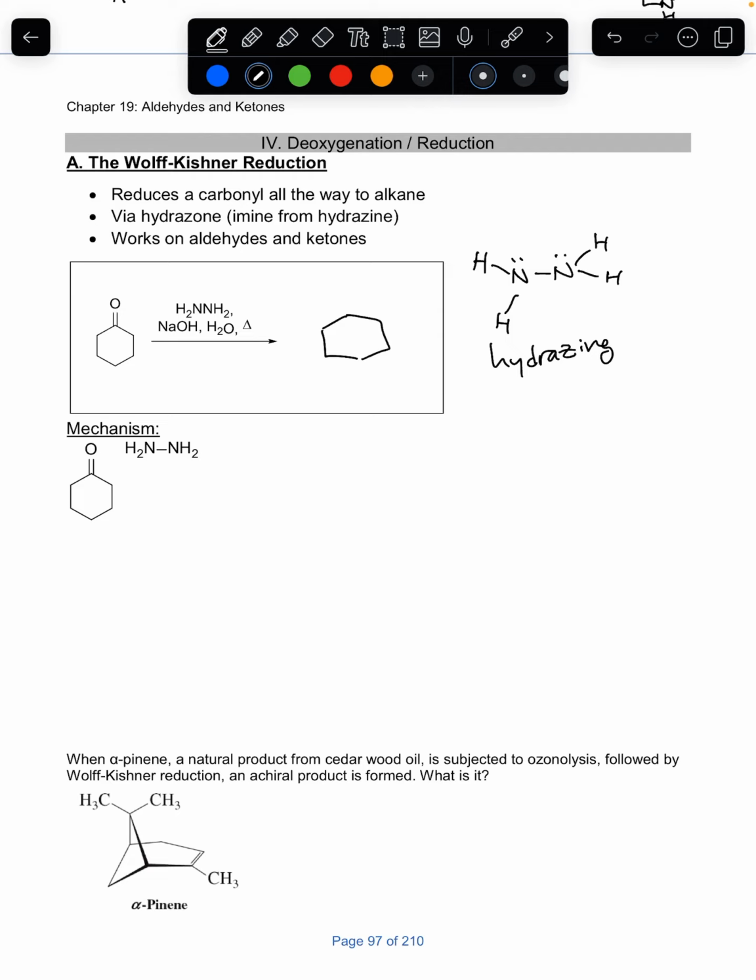And so the beginning part of this is exactly like the imine chemistry. And in fact, it's really not going to be different. But you notice I'm not showing any acid catalyst. Part of that is because hydrazine is a strong nucleophile, which could attack or nucleophilically add to the ketone, no problem.